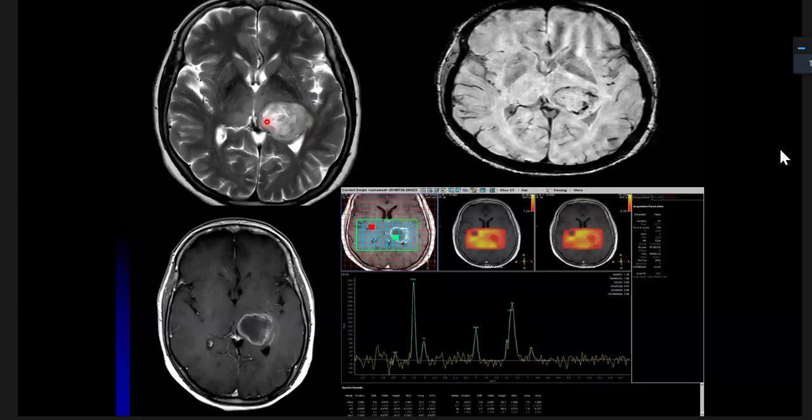Put the spectroscopy where there is no enhancement, where you feel this is vasogenic edema. In that perilesional edema, if the spectroscopy shows raised choline levels, it favors a primary tumor because of its microinfiltrative, microangiogenesis property, while metastasis doesn't have it. So that is one specific sign to differentiate a primary tumor from metastatic lesions.